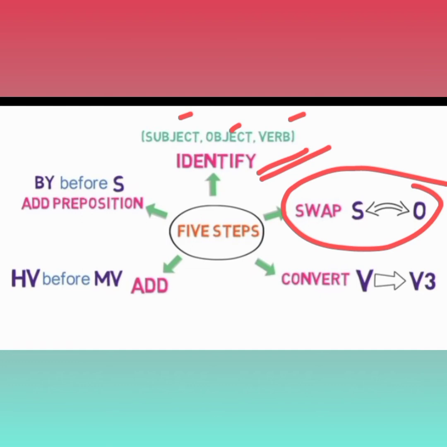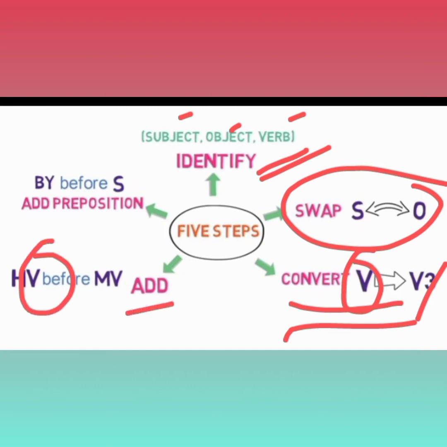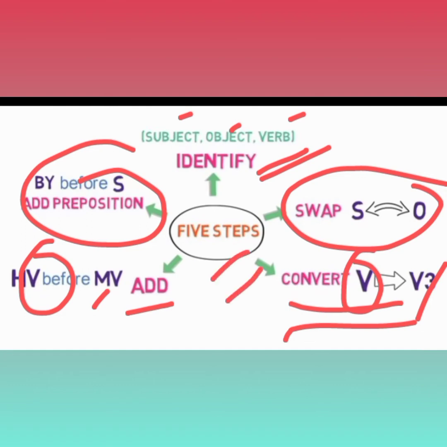Then the third one is convert the verb into the third form of the verb, that is the V3 form, and then add a helping verb before the main verb, and the fifth one is add by before the subject, that means a preposition. It's not always necessary to add by before the subject, but most of the time we use by.